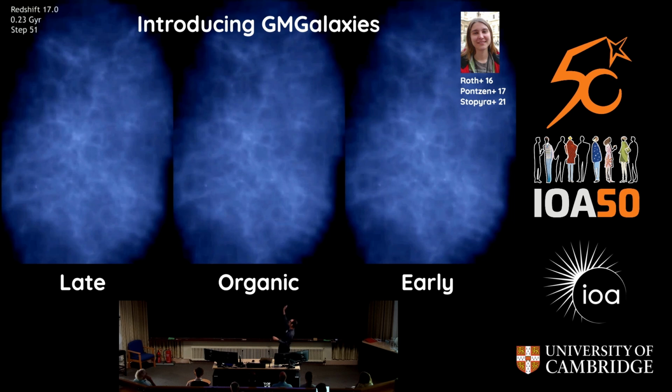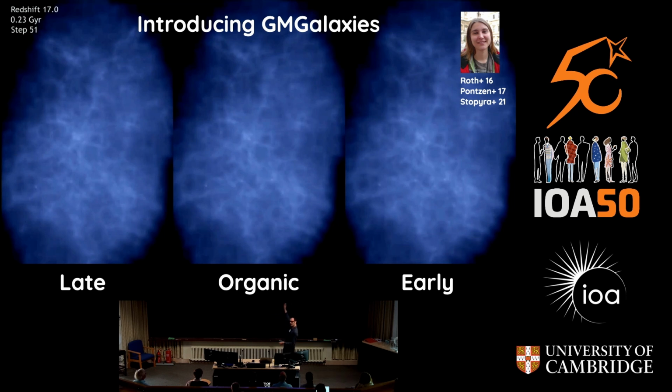So the idea of this genetically modified galaxies program is to try in some sense to combine the best of both worlds by performing simulations that have controlled changes in their initial conditions and therefore in the particular history that unfolds for a galaxy. So if you look from left to right, this is from work from Nina Roth back in about 2016 or so.